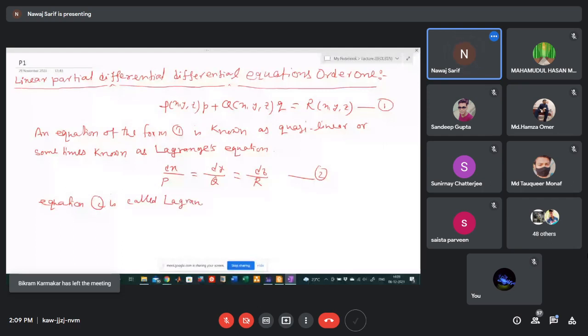Now to solve this equation, you can see equation 1 is your partial differential equation. But can you tell me, equation 2 is in which form? Equation 2 is now an ordinary differential equation.